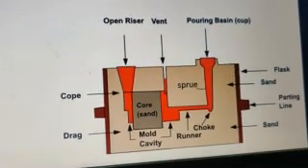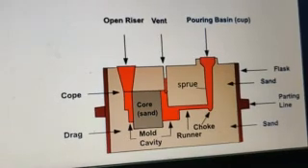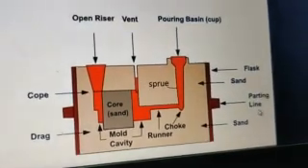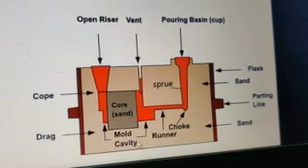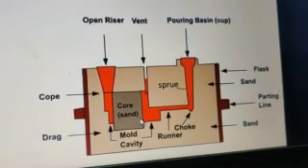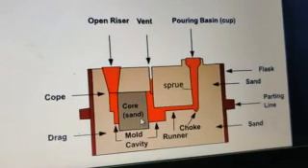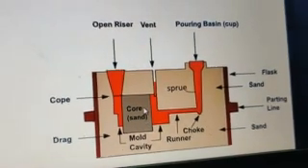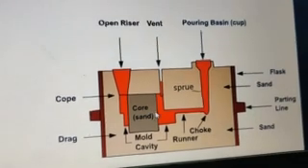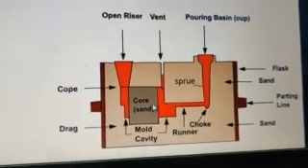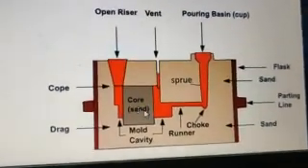Then you have an imaginary line known as the parting line which separates the cope and the drag, and we usually have the molding cavity known as the sand mold, with a core in case the product is hollow, and the core is again made of a particular sand known as core sand.